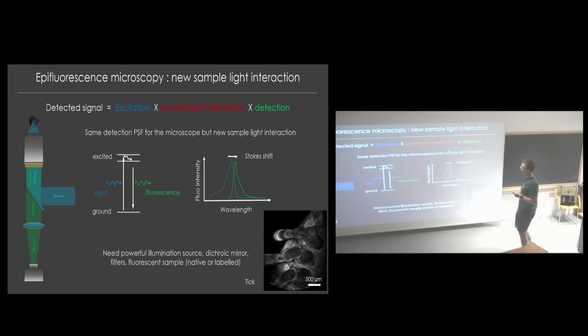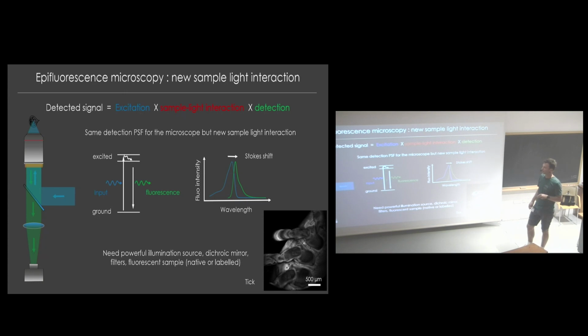Now, on a simple microscope, we can also change the sample-light interaction and have a different modality. One of the simplest is epifluorescence microscopy, where you still have the same excitation and detection as previously, but now you are dealing with a different interaction. The idea is to use molecules that have fluorescence properties: they can absorb photons at a given energy level, and then produce fluorescence light.